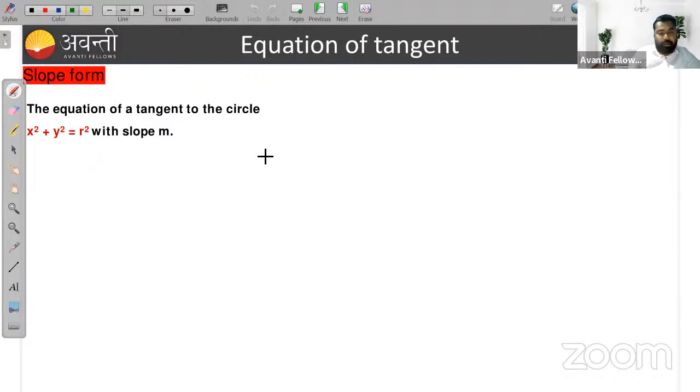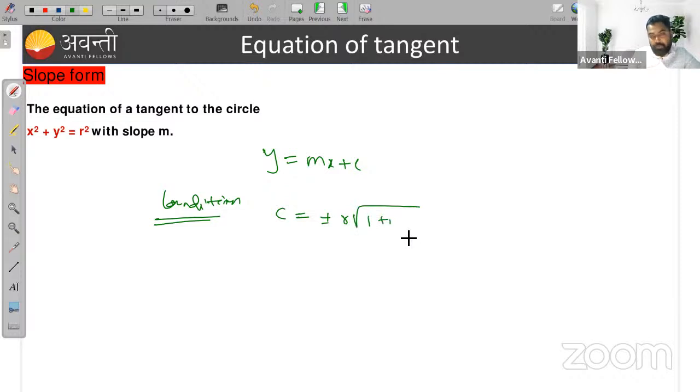Suppose we are taking that y is equal to mx plus c, right? y is equal to mx plus c is the tangent. Then what is the condition of tangency? The condition of tangency is, sorry, that c is equal to plus or minus r into root of 1 plus m square.